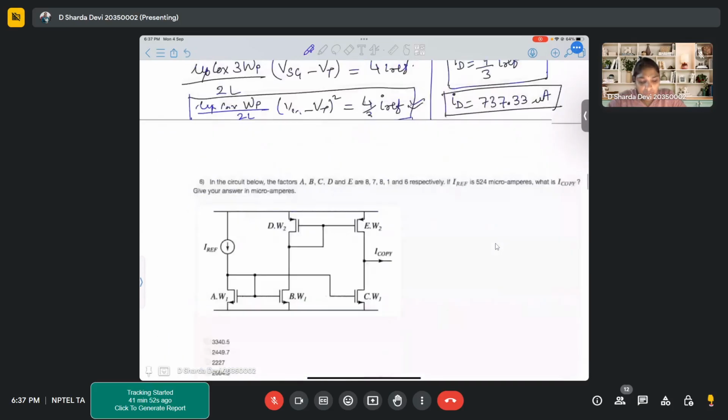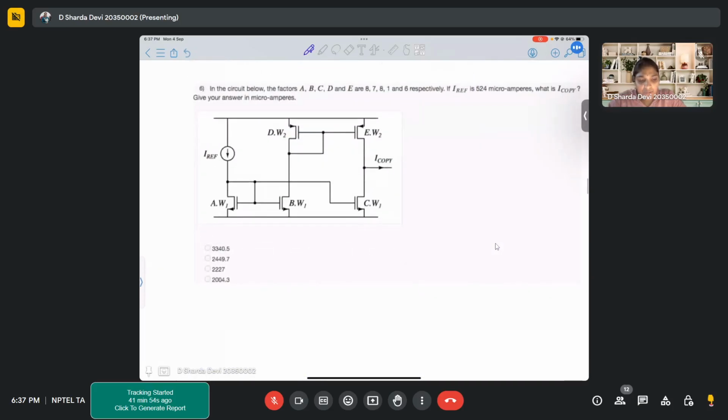Okay, so let's solve this problem also. In similar terms, here again IREF has been given, and you have to find I copy. Here again the factors have been changed: 8, 7, 8, 8, 7, 8, 1 and 6.